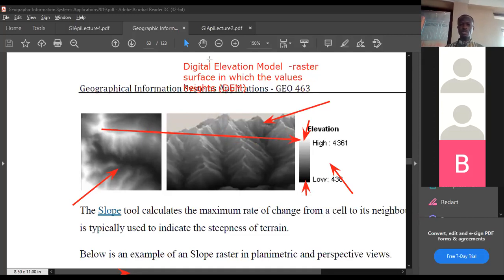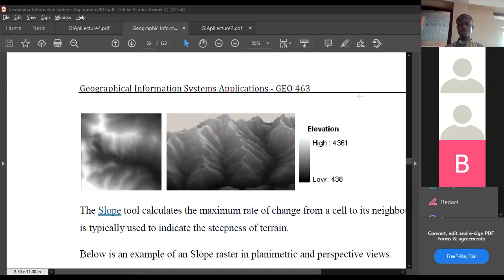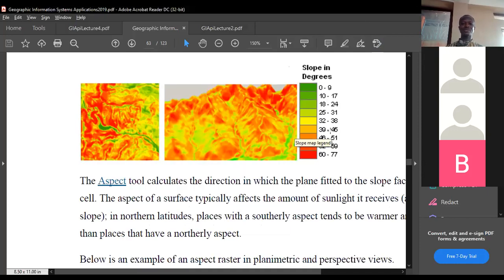So now let's look at the slope surface. Here is a slope surface. In this, we can find values that are actually not height values. They are slope values. How is slope measured? This question goes to the class.